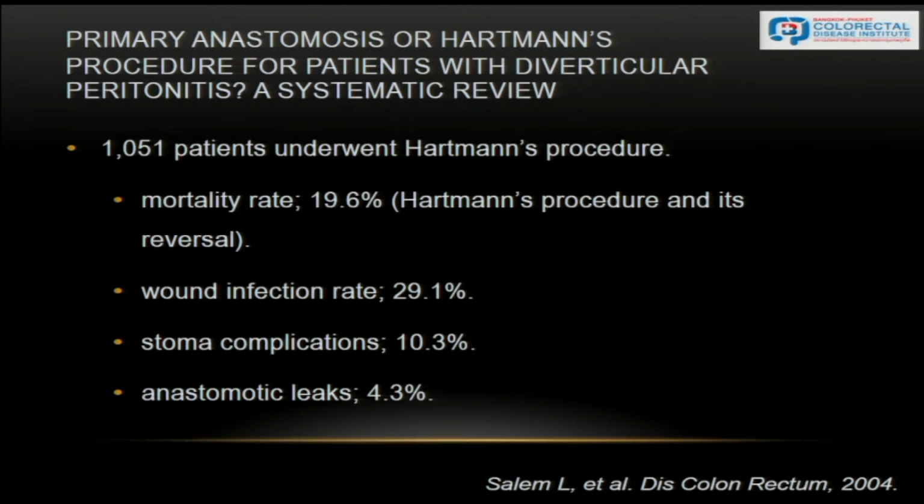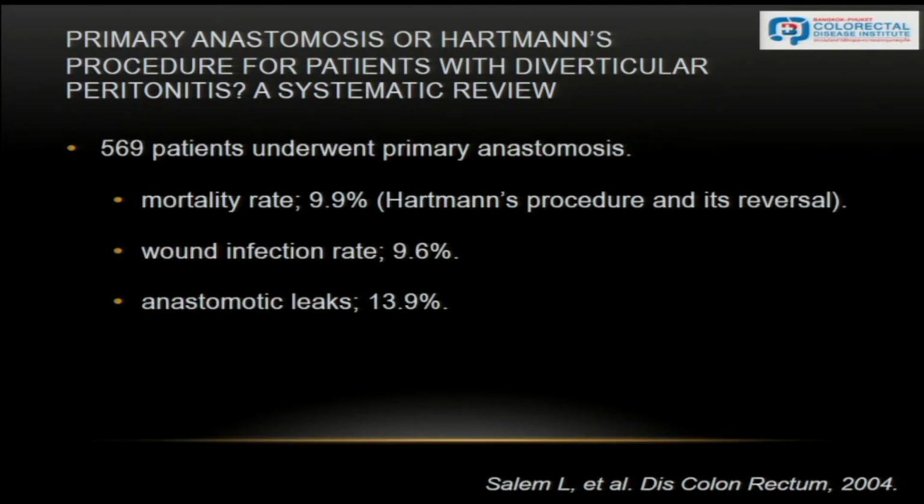Anastomotic leakage is 4.3%. And these numbers not only include the Hartmann procedure itself, they also include the numbers for the reversal. The bad part is actually not the Hartmann procedure. The bad part is the reversal of Hartmann.